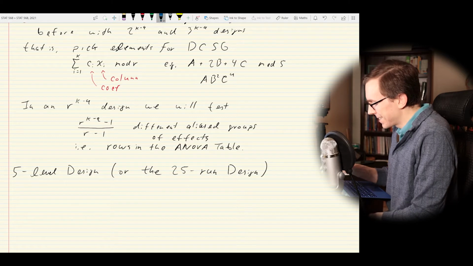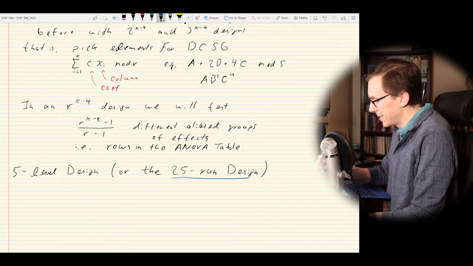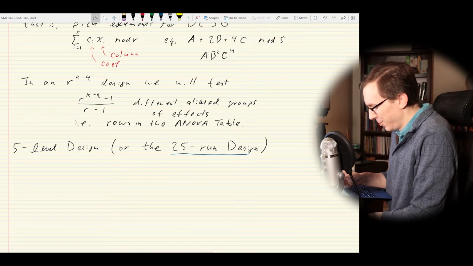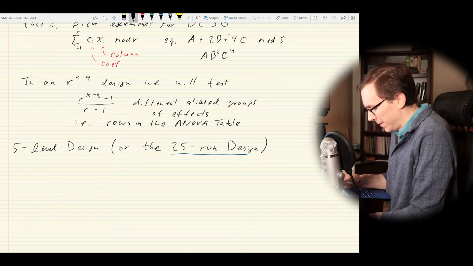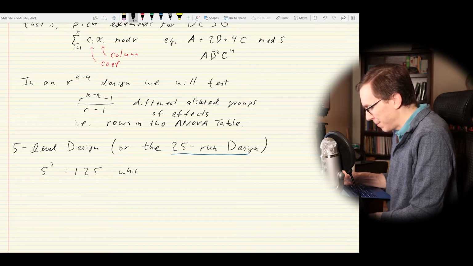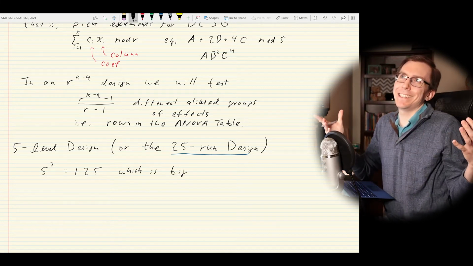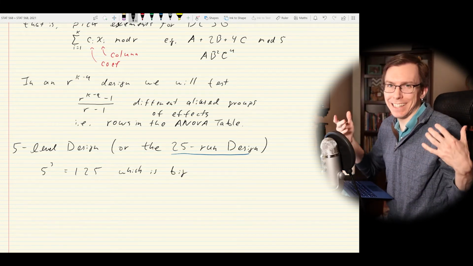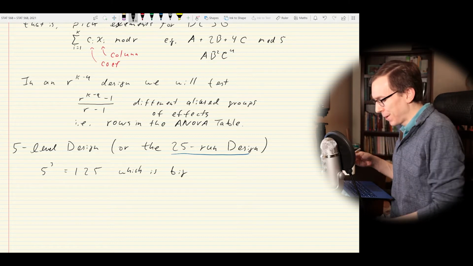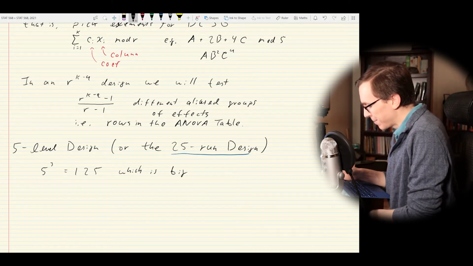I'm calling this the 25 run design because basically the idea is that 5 to the 3 is equal to 125, which is already really big. It depends on how expensive it is to collect data, but we'll just assume that 125 is starting to get to be a big number.